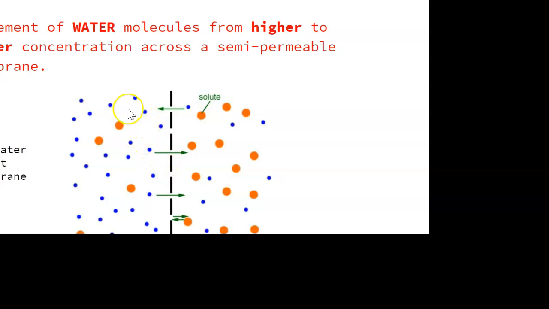Now notice when we started out there were more blue dots, therefore more water particles on the left side of the membrane, so there is a concentration gradient and water molecules will diffuse from high concentration to low. We learned about diffusion. The water particles will diffuse both ways across the membrane, but overall the net movement is from left.